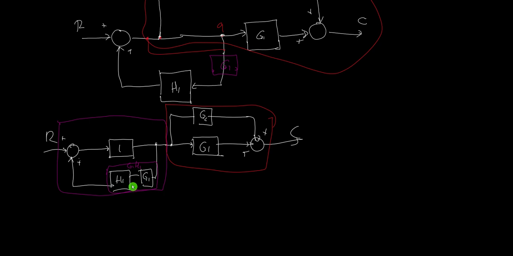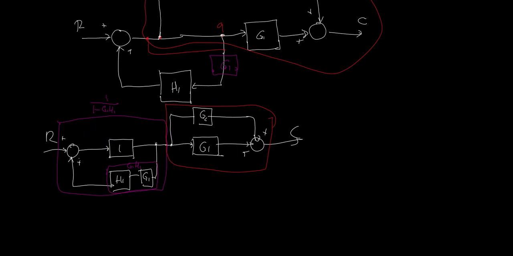The transfer function C over R is G over 1 plus or minus GH. This is positive feedback, so G is 1 all over 1 minus G times H, and H is G1 H1. That is our transfer function for this one.